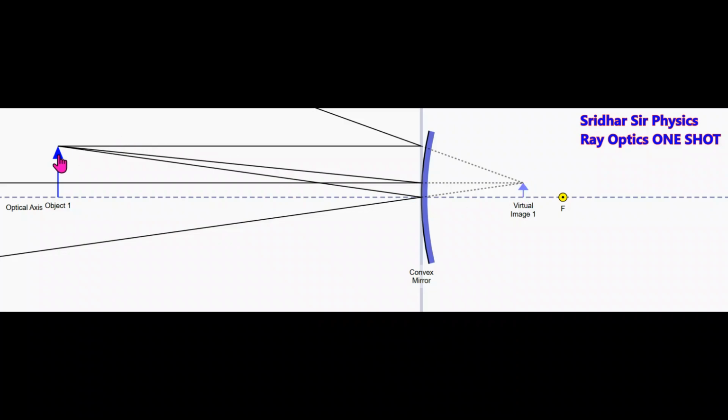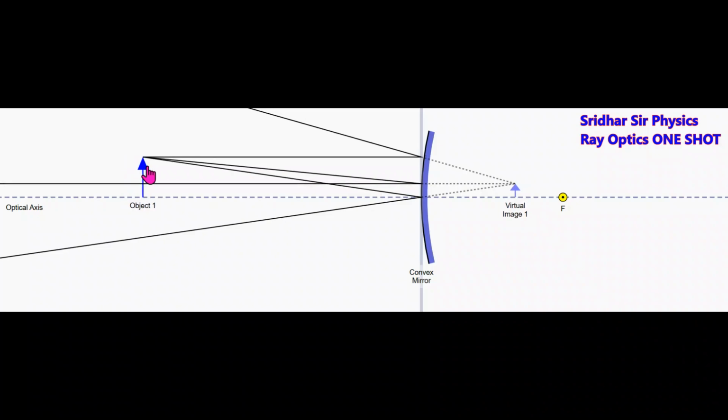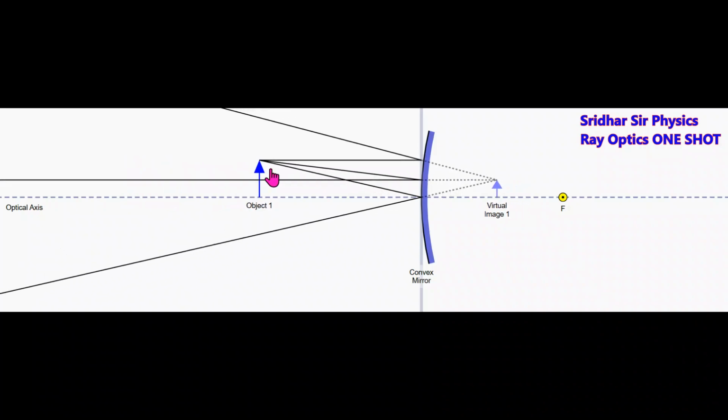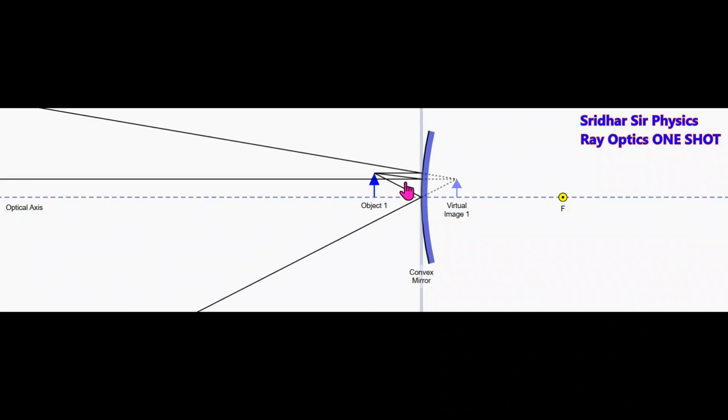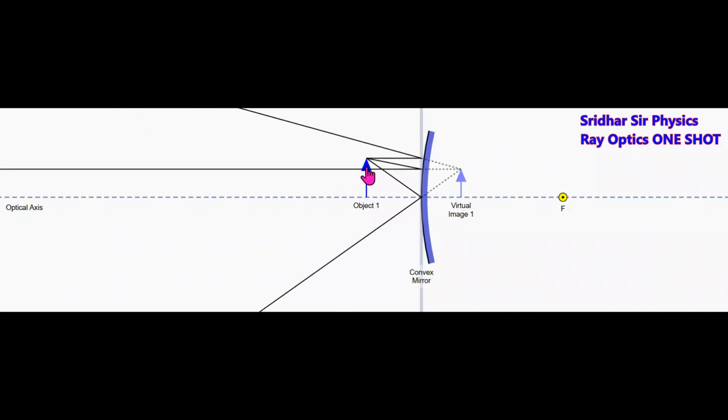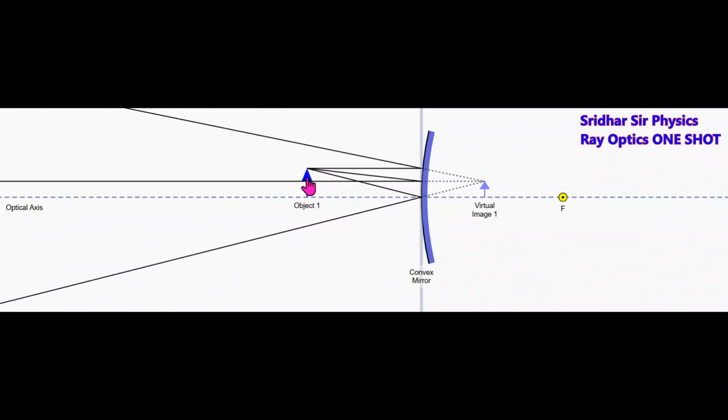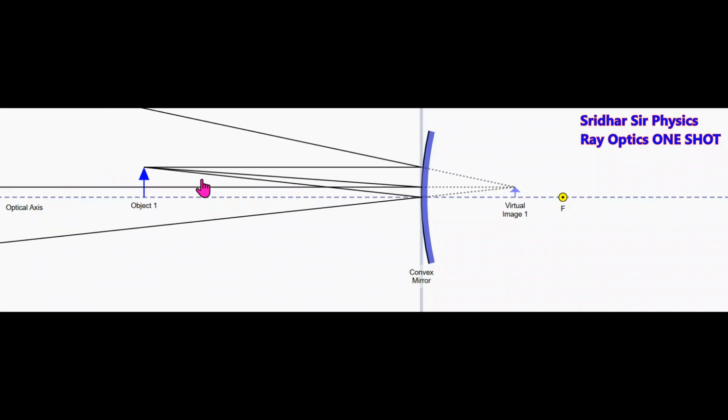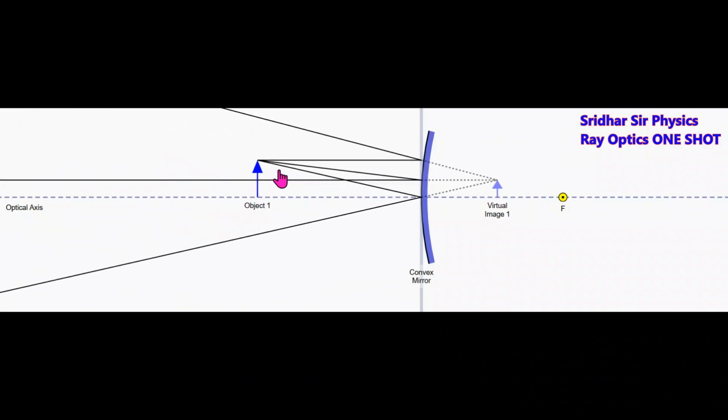As I move this virtual object, you can see the virtual image will move between the pole and focus only. And what about the image?